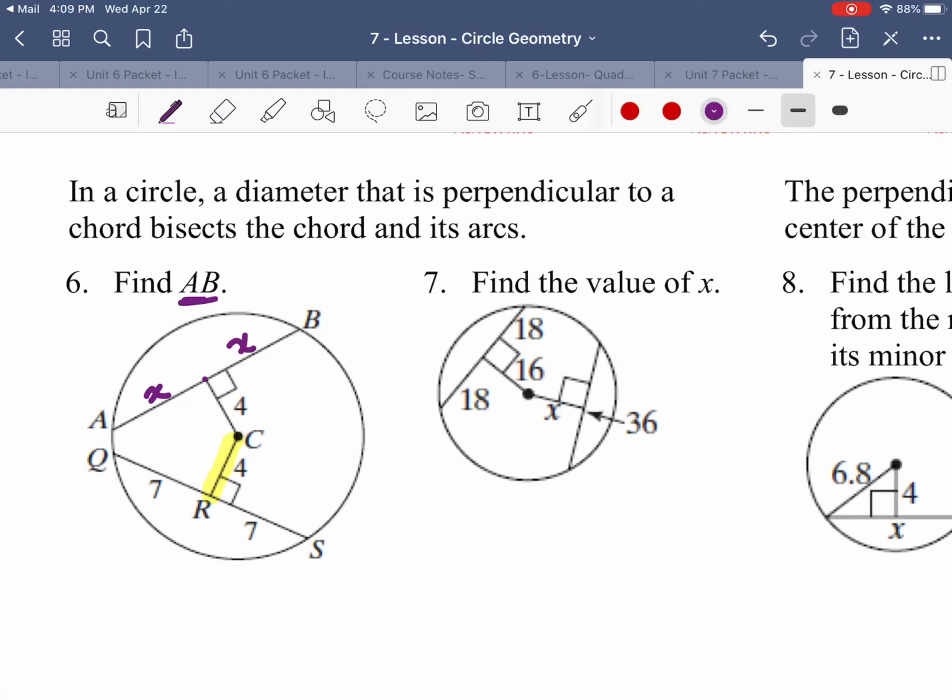So that's where we're at. So what can we do? Well, I can create right triangles, right angles, right triangles. I like the sound of that. Do this in red over here.